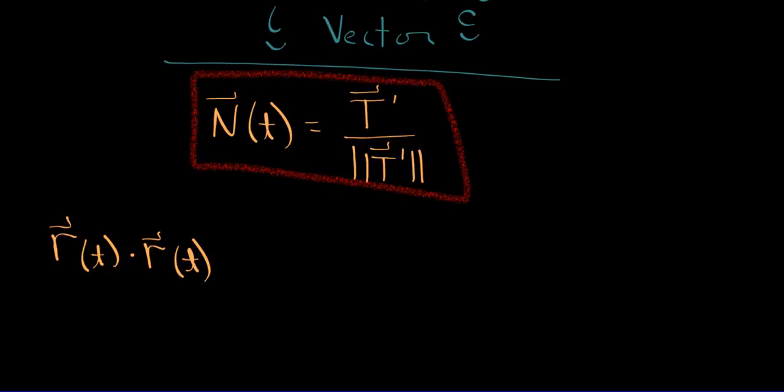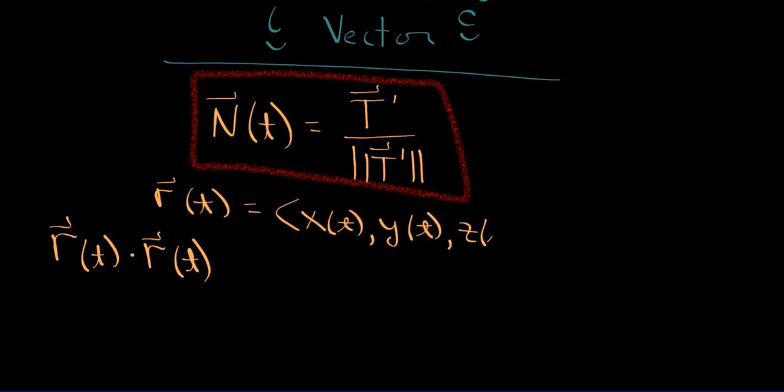But if we dot product a vector with itself, we don't necessarily get a 0. Let's suppose that the vector is x of t, y of t, and z of t. Now, if we dot this with itself, here's what we get. It's going to be x squared of t, right?